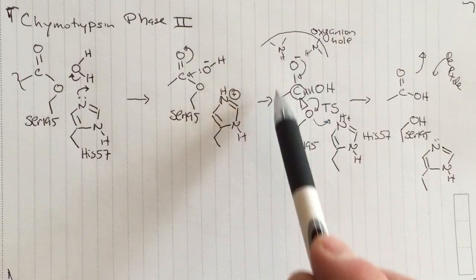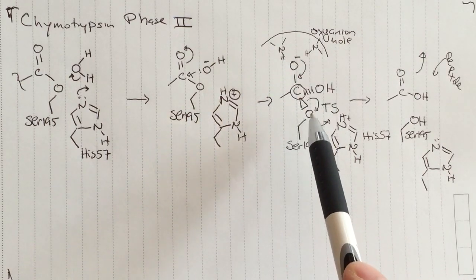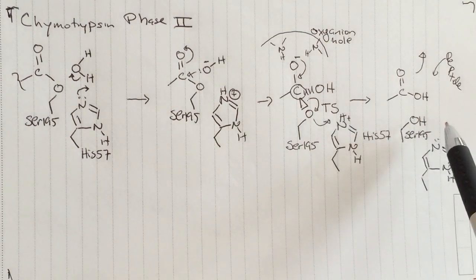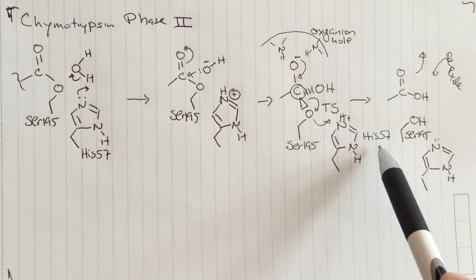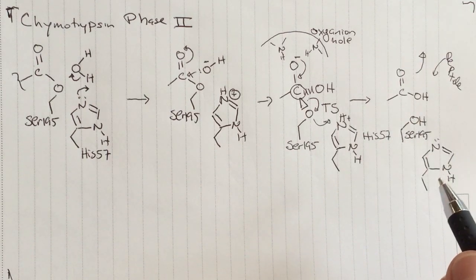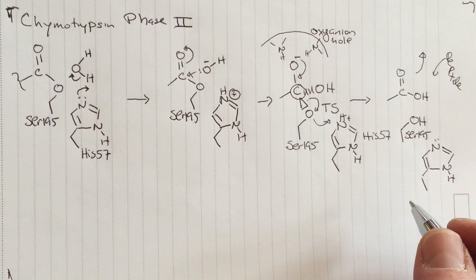And then finally, this tetrahedral transition state intermediate is resolved, and there's a leaving group that's promoted through acid catalysis provided by histidine 57. And that is the end of phase 2, and we've completed the reaction mechanism for chymotrypsin.